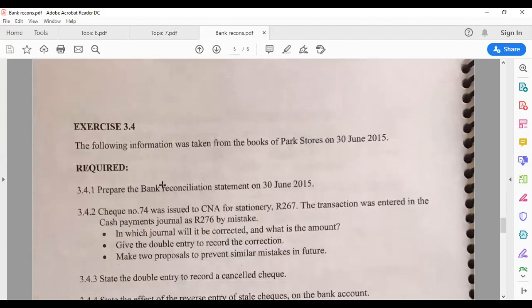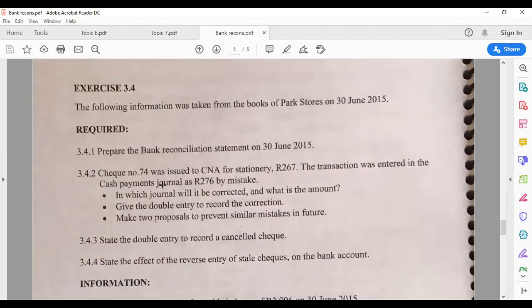Okay, let us move on to the last exercise. Exercise 3.4. The following information was taken from the books of Park Stores, and we have a financial year end of 30 June 2015. So they want us to prepare a bank reconciliation statement on the 30th of June 2015.